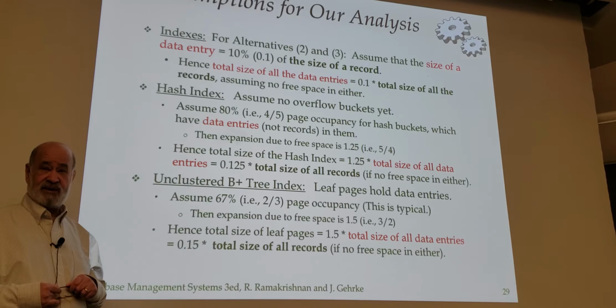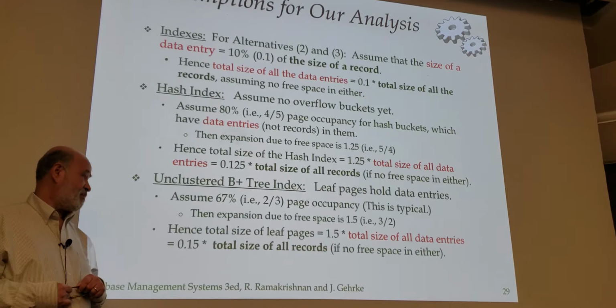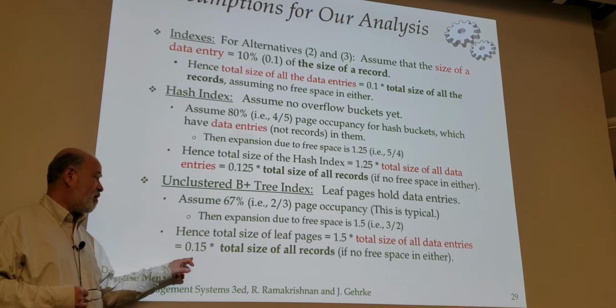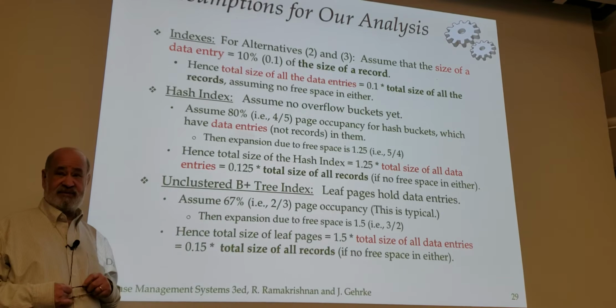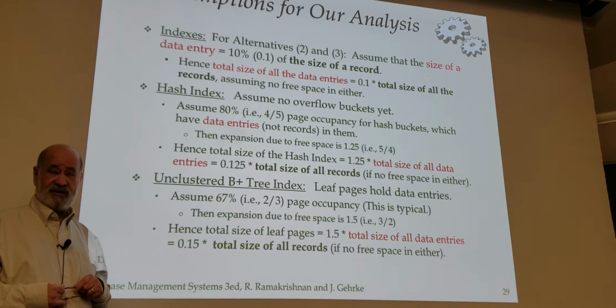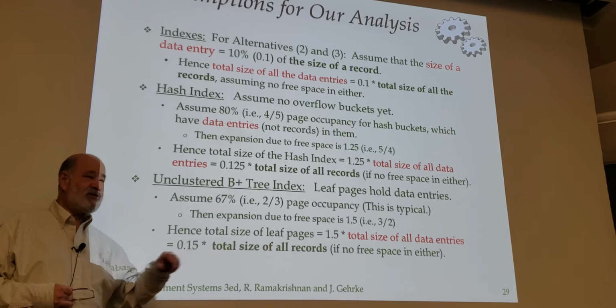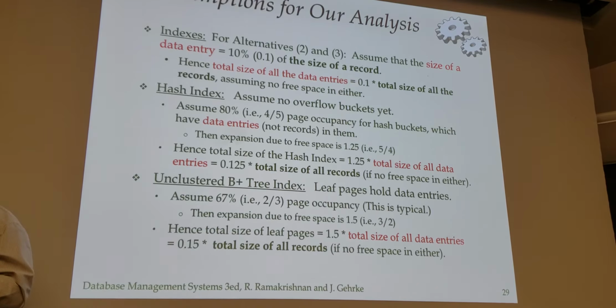What's 1.5 times the total space of the data entries if there were no free space? Well, each data entry is 1/10 the size of a record. Multiplied by 1/10, it's 0.15. 1.5 times 1/10. 0.15 times the total size of the records.